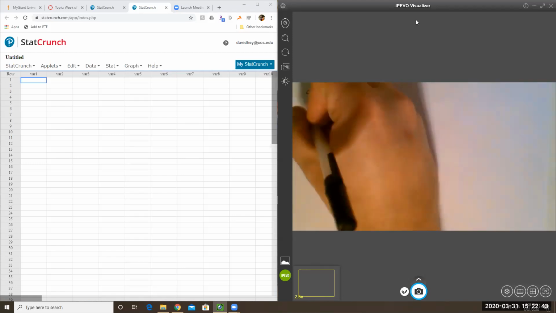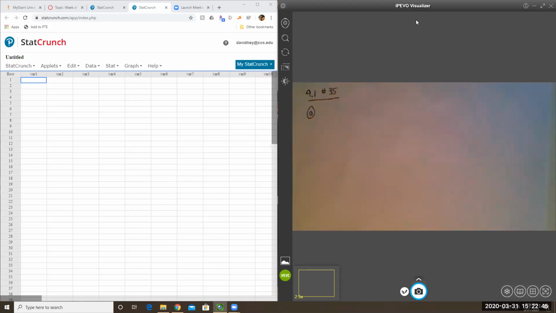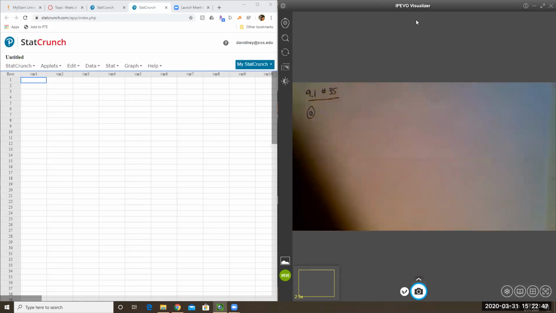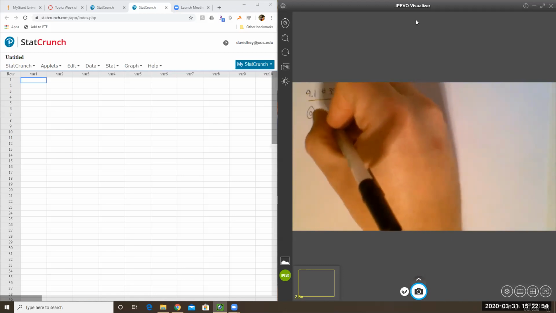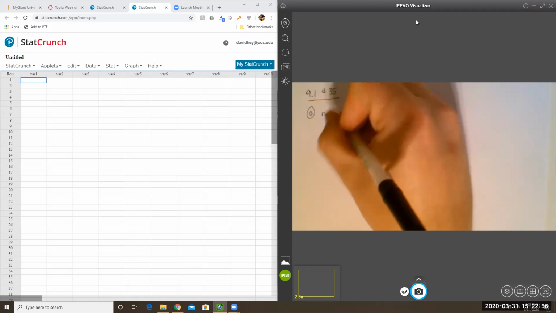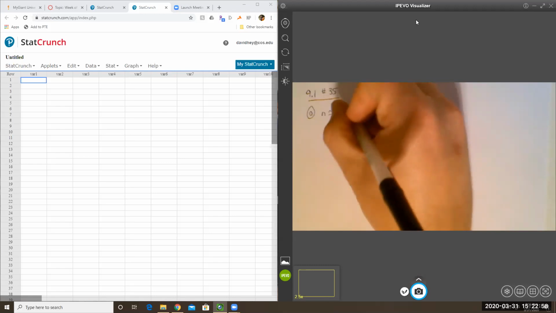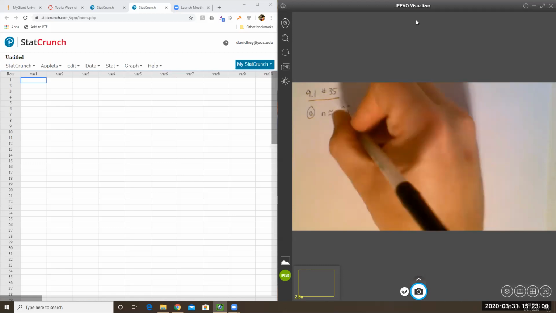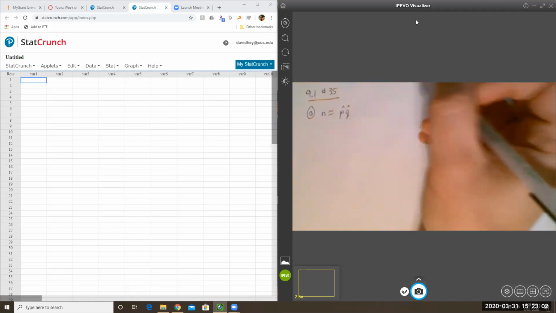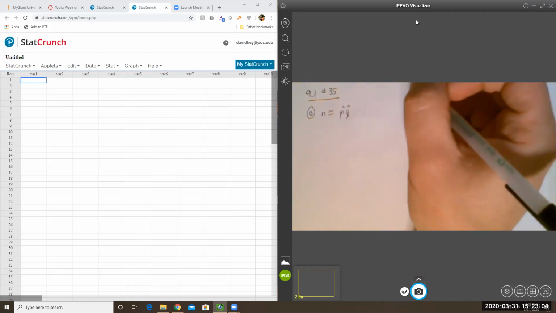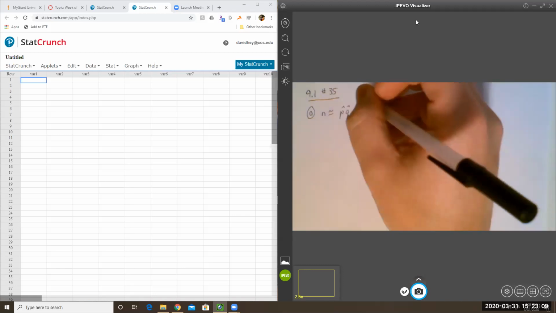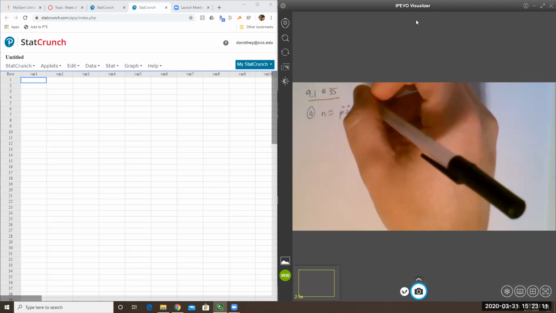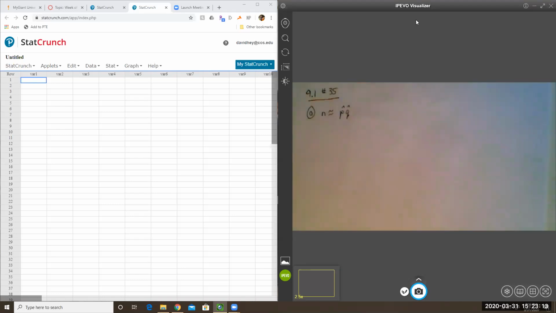So in part A, since she's using a prior estimate, the way that we estimate the sample size she needs is by using this formula. We say n is approximately p hat times q hat, or I think in the notes I said p hat times 1 minus p hat, but same thing, right? Q hat is just 1 minus p hat. So it's p hat times q hat. What is the formula?